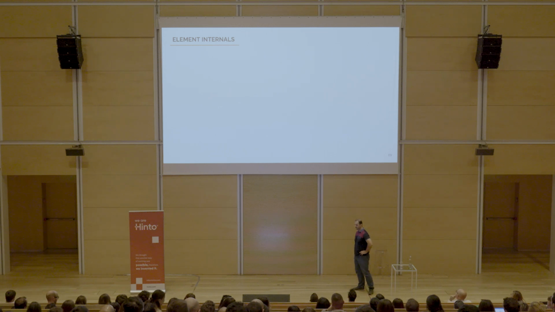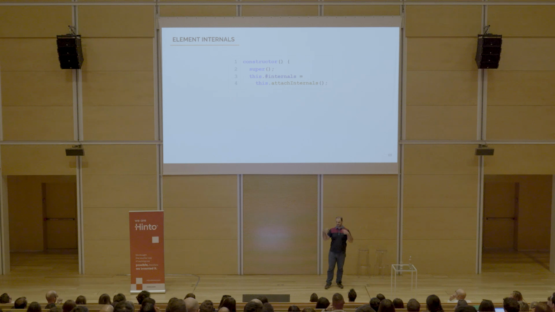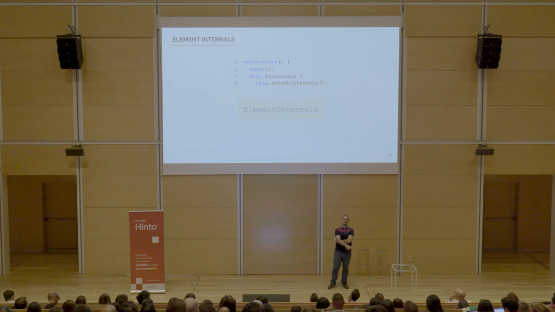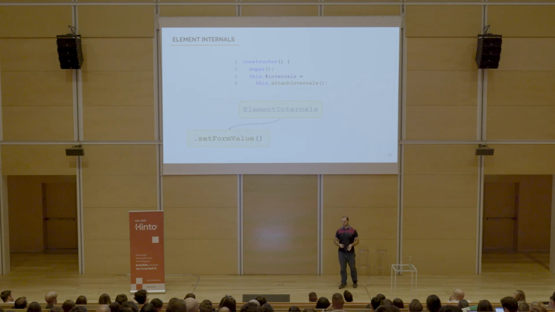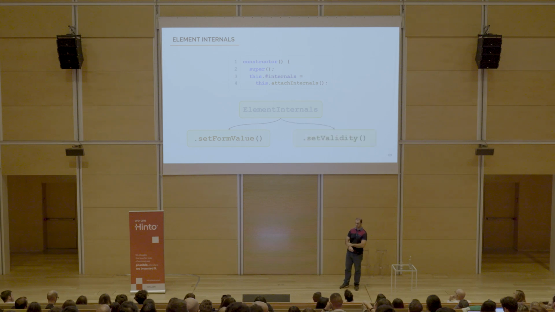Here come the element internals, which we can create with the method attachInternals. It is an object of the class ElementInternals, which allows us to do a variety of things, like, for example, form interaction. So we can use the method setFormValue, which gives us a way to update the payload in the form, and also update its validity.